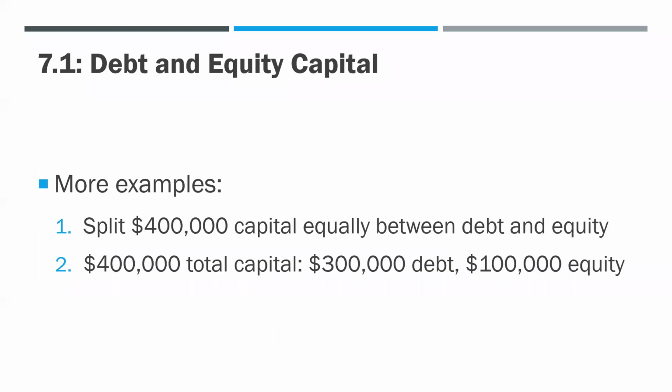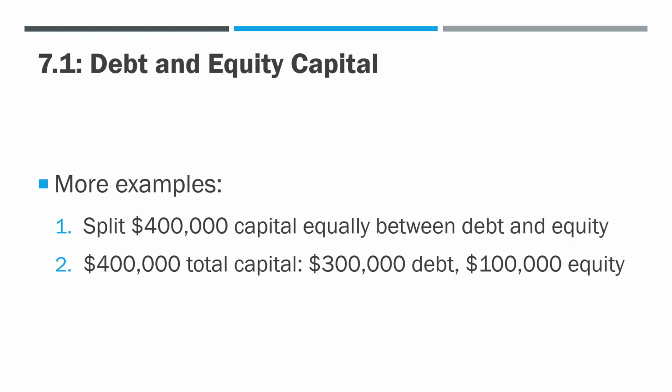So 2 more examples illustrated in the book from 123 to 124 is what would happen. Now we're going to take this $400,000 total capital and present it in 2 different scenarios. What happens if we have $200,000 debt capital and $200,000 equity capital?